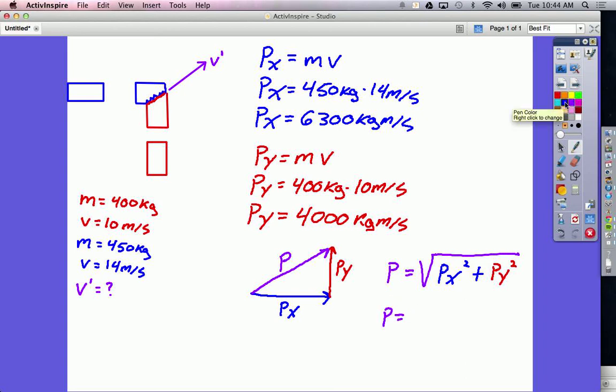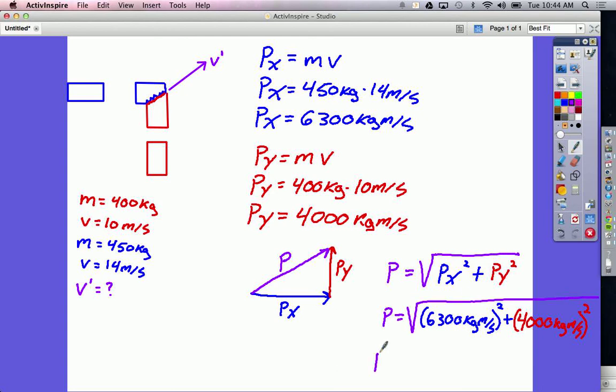So that would be 6,300 squared plus, I'm going to go into the blue a little bit here, just out of space, 4,000 kilogram meters per second. We square that, and it's the square root of all that information.